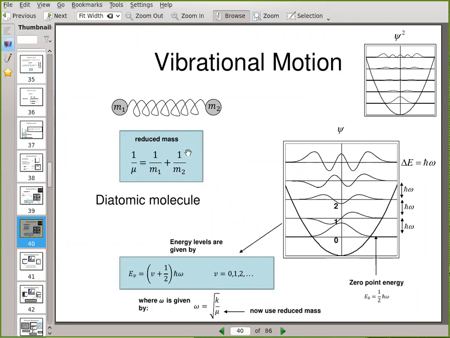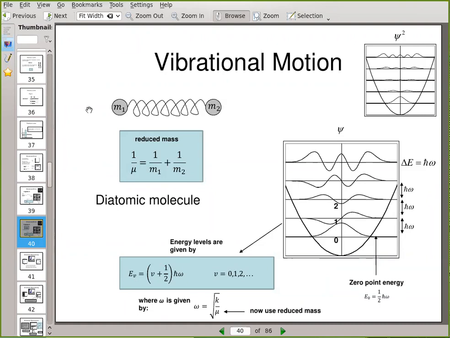And so your little term is going to dominate. It's going to be like having a small mass attached to a wall. Okay, so if your iodine is your wall and your hydrogen is attached to it, you can see that in the limit, it's like having just the mass of the small one.